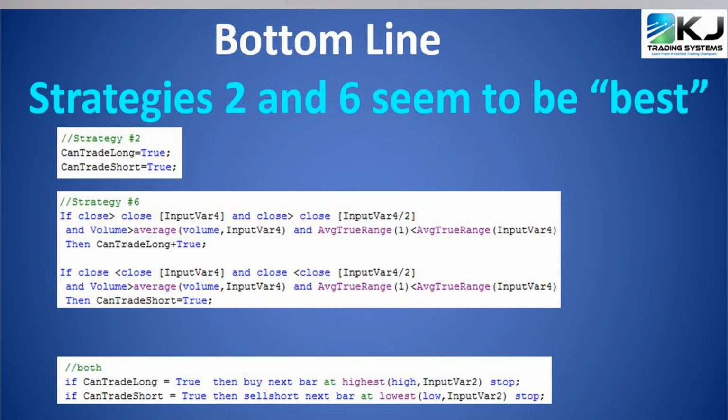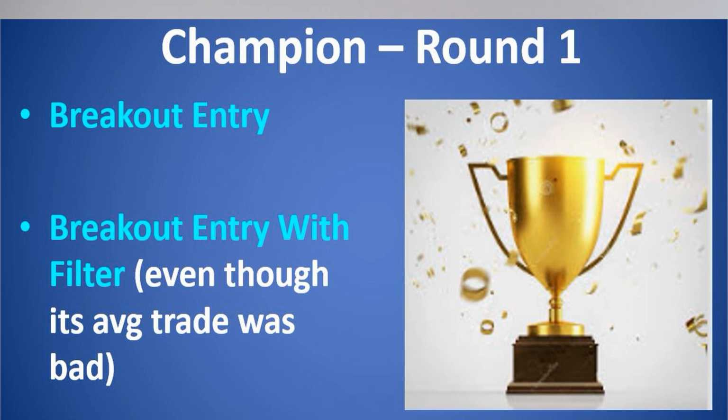So overall, it looks like the breakout is the best strategy of these four. And both the breakout with the filter and without the filter are pretty decent, but the one without the filter is probably better. So that's round one of the entry battle.